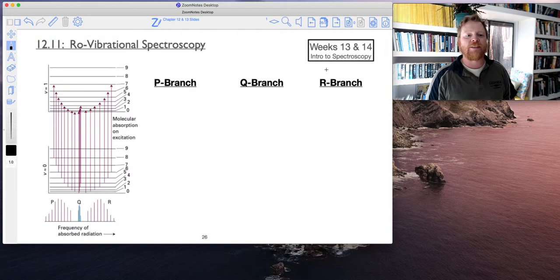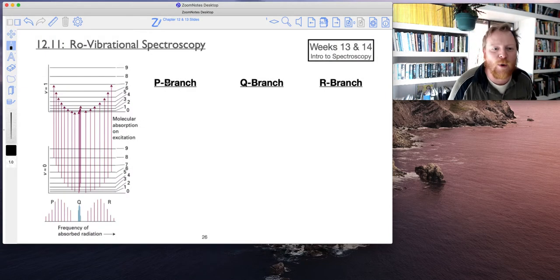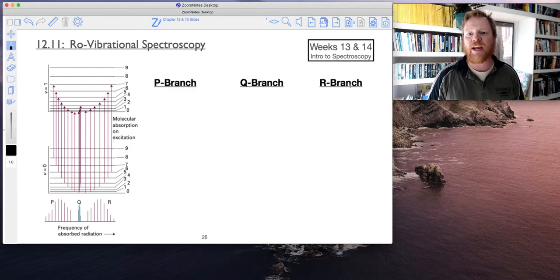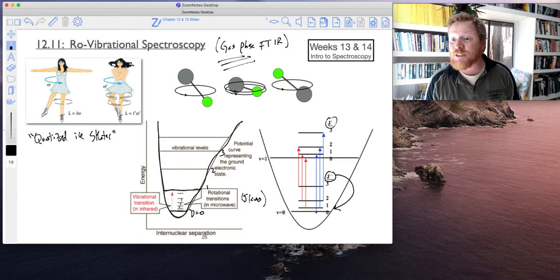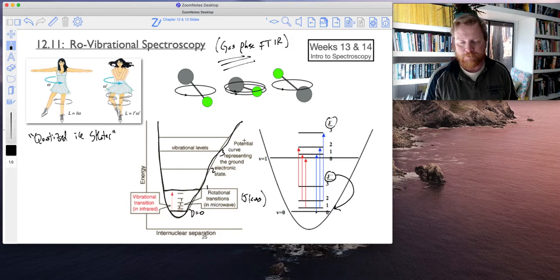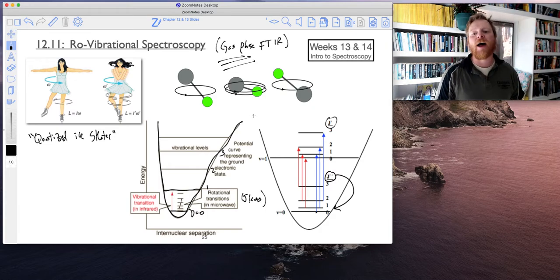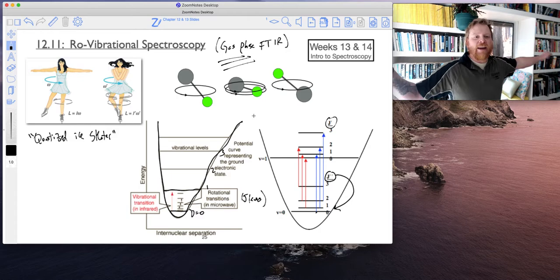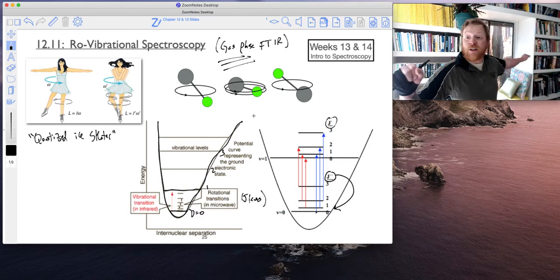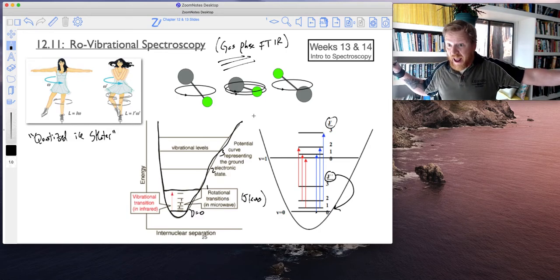So let's organize all of those possibilities, okay? And so they are organized into what's called the P branch, the Q branch, and the R branch. And I want to stress that this is gas phase, okay? We don't observe this phenomenon in liquids or solids because as you try to rotate a liquid or solid, there's another molecule in the way, right?